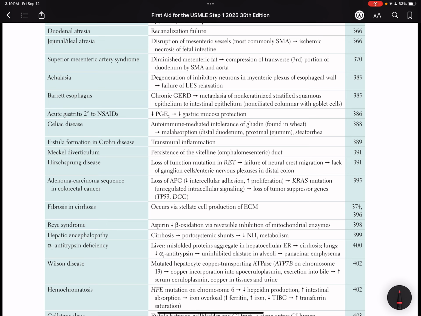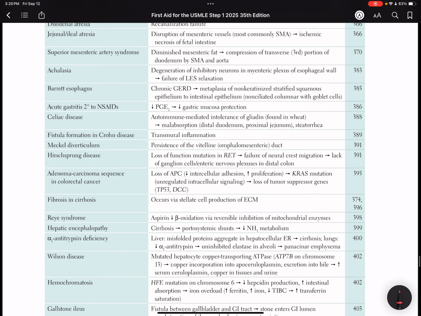This is because of diminished mesenteric fat causing compression of transverse portion of duodenum, which is the third portion of duodenum. Duodenum has first, second, third parts. So third portion compression is caused by diminished mesenteric fat by SMA and aorta. This is superior mesenteric artery syndrome.